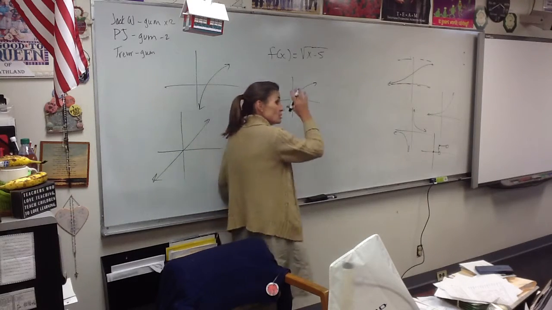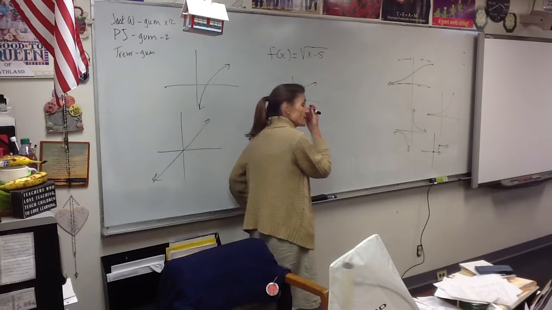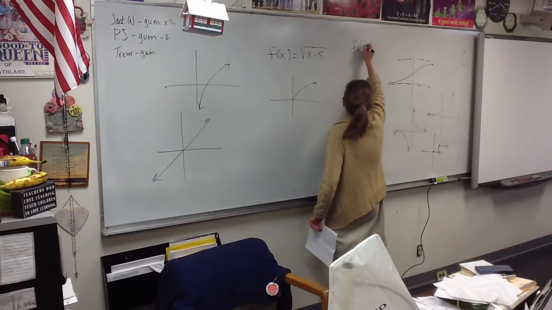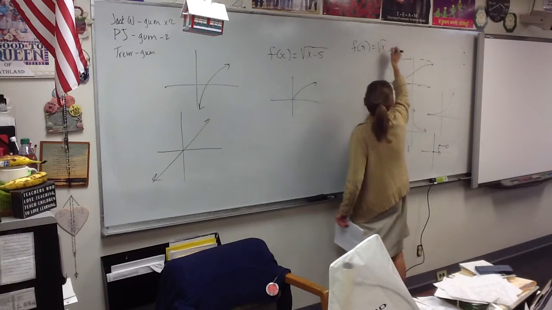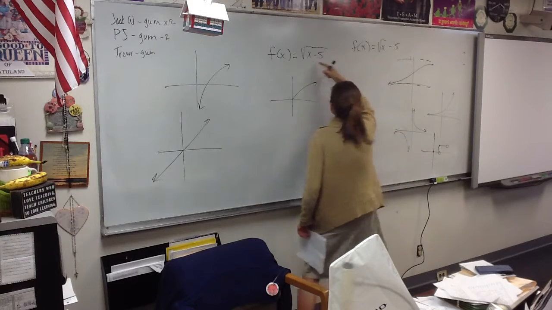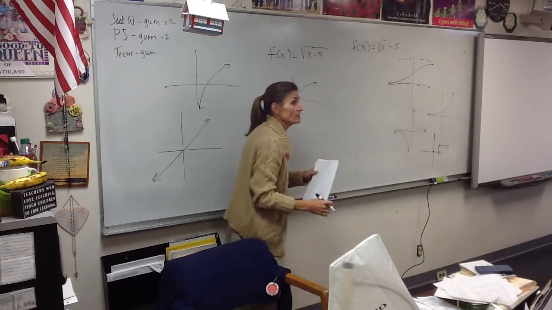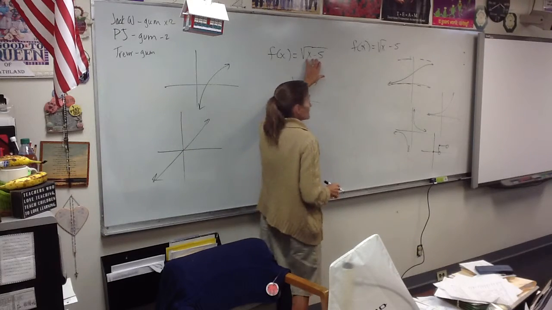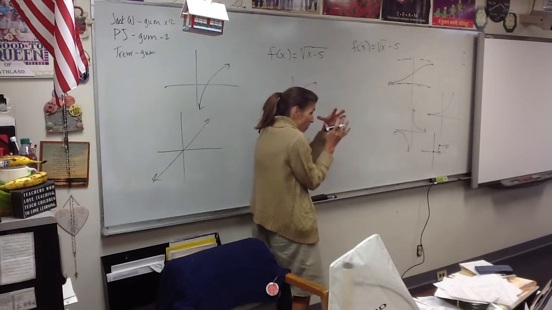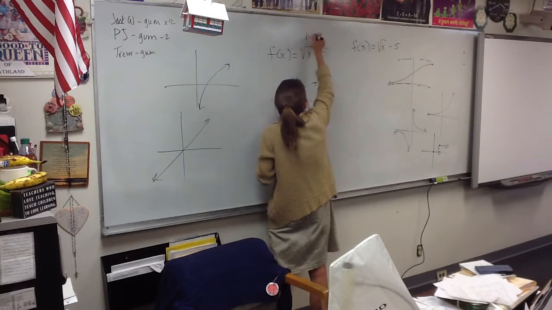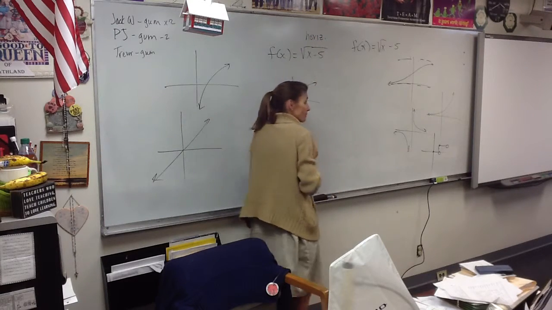There are 2 ways that we can move things, Jamal. We can put the number outside the radical, or we can put the number inside the radical. And that's a difference. If the number is inside with the x, then we're going to shift horizontally.